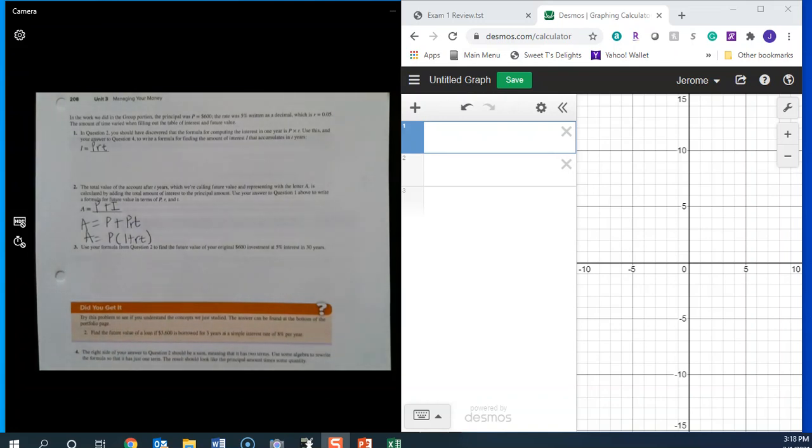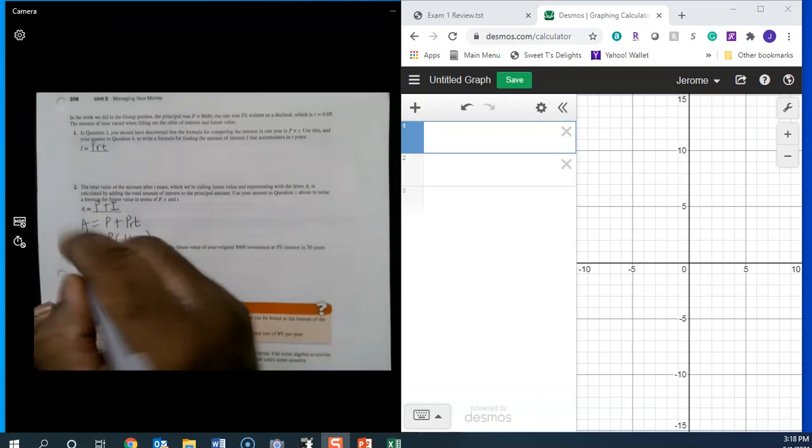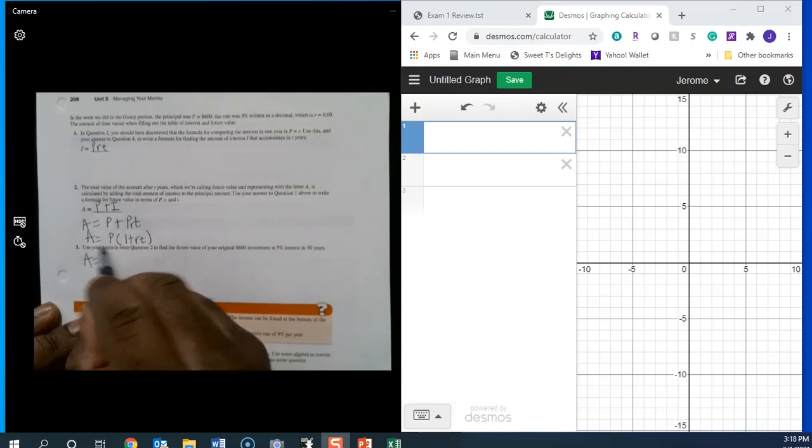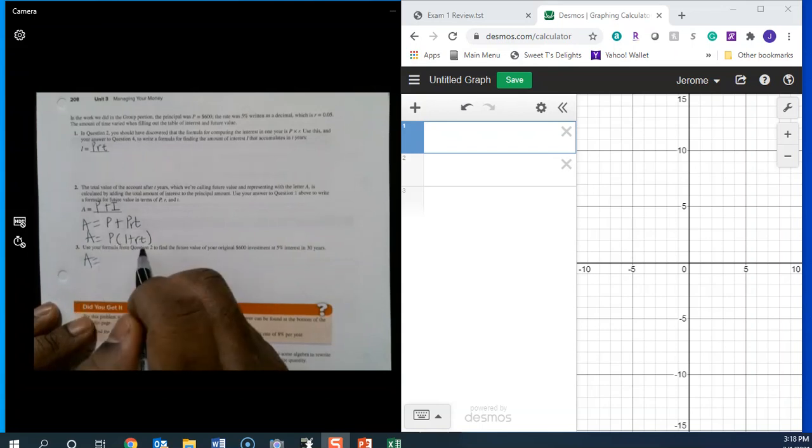Now, it says use the formula from question 2 to find the future value of your original $600 investment at 5% interest in 30 years. Okay. So we will have A is equal to, now I would say this, typically you will encounter this one more than the rest.